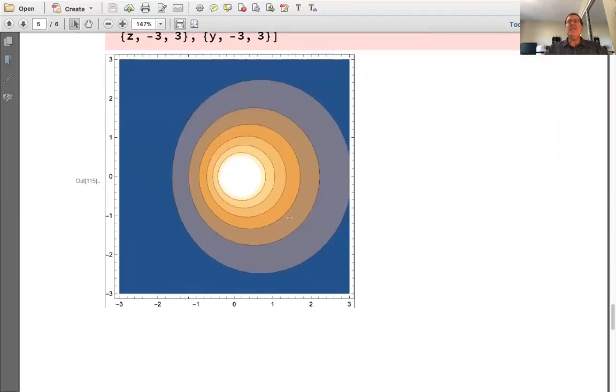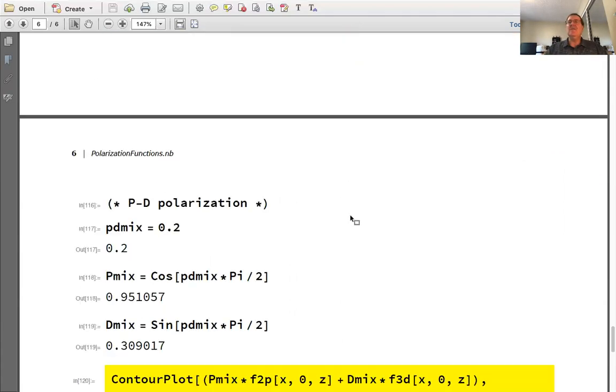Or in a contour plot, it looks like this. It is pooched, if you will, in one direction. It sticks out in one direction. And the extent of poochedness is a function of how much P you added there. But you see, I changed it from a cylindrically symmetrical function to something that is biased towards one direction.